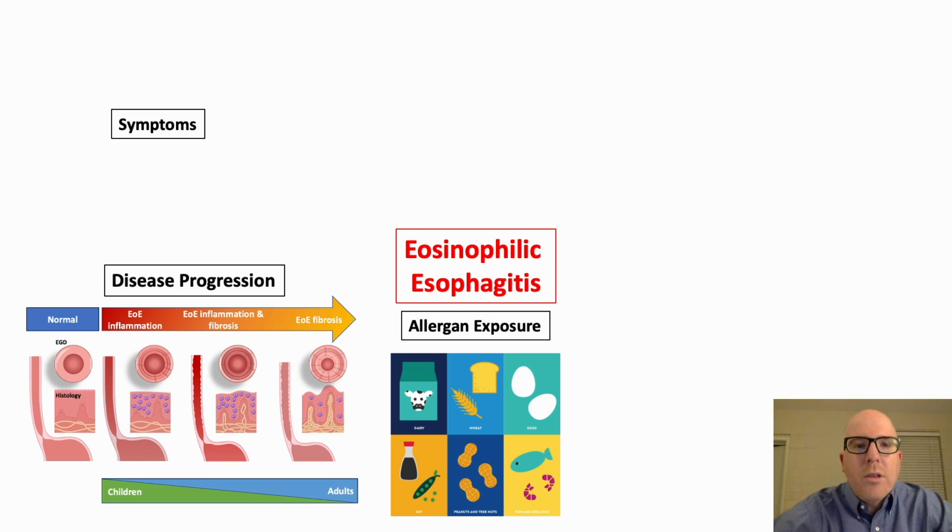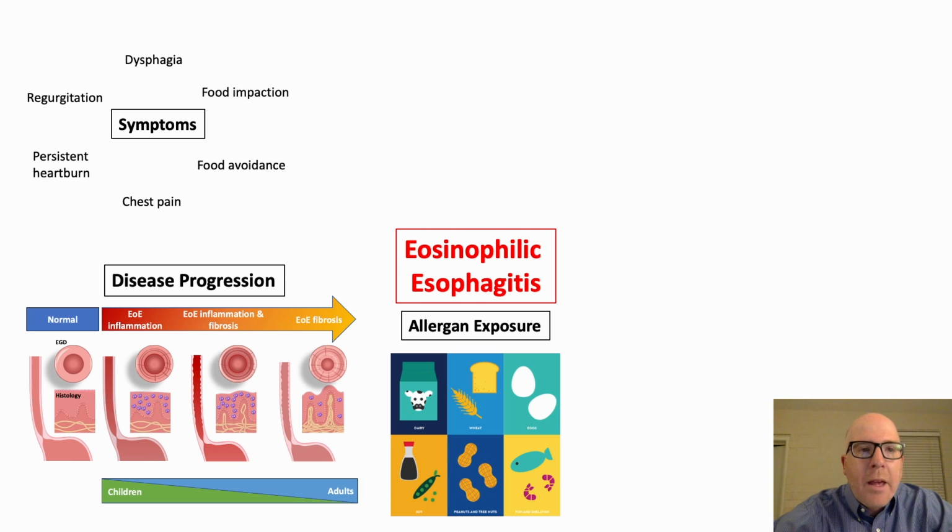Now, what are those symptoms that we typically see? The main things would be dysphagia, and then obviously the dreaded food impactions, where we may actually have to go in with our endoscopes and disimpact food that becomes stuck in the esophagus. But other symptoms that are common in adulthood would be food avoidance, limiting certain types of foods or avoiding foods that typically would precipitate symptoms.